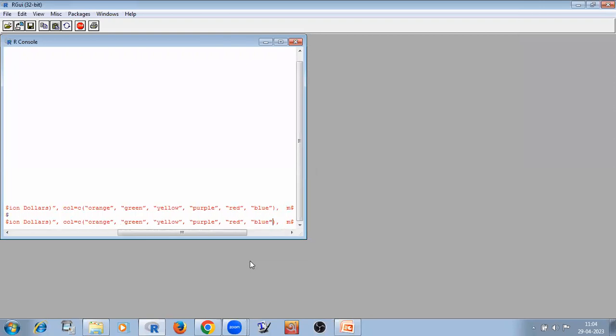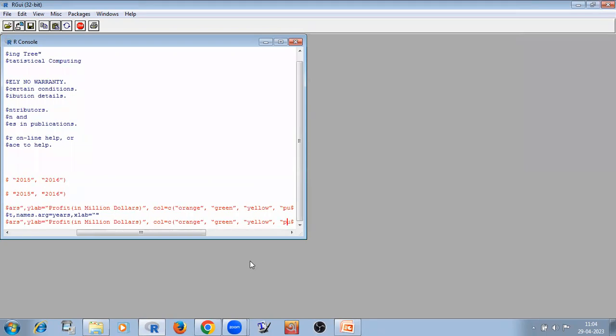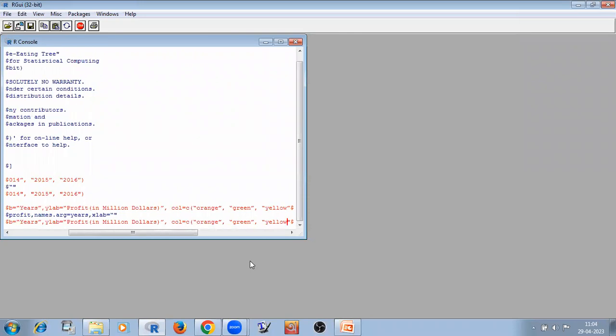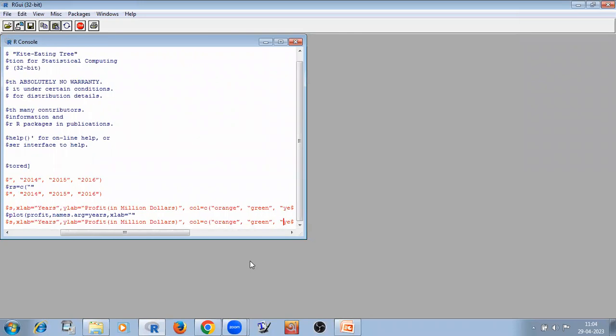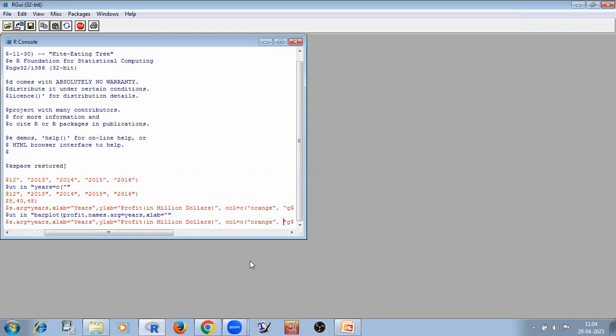To change here, blue for blue, then red, purple, then for green, just correct it, then orange.